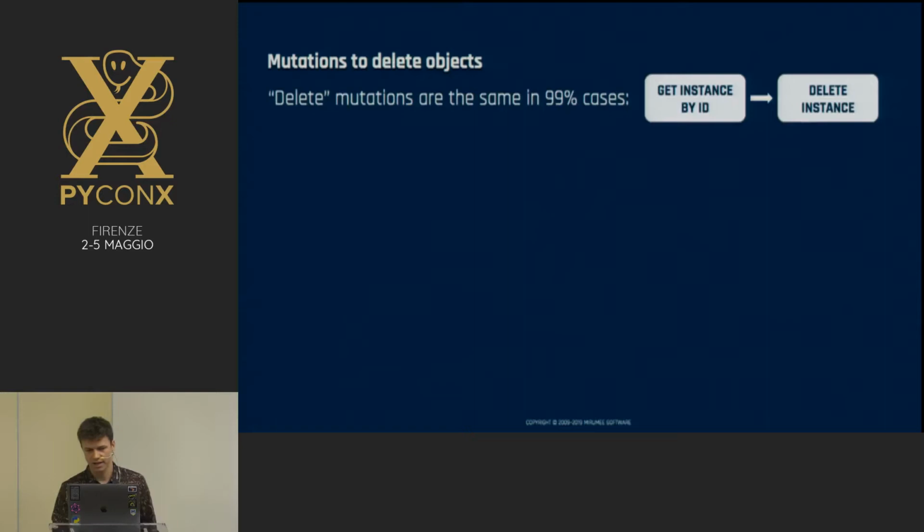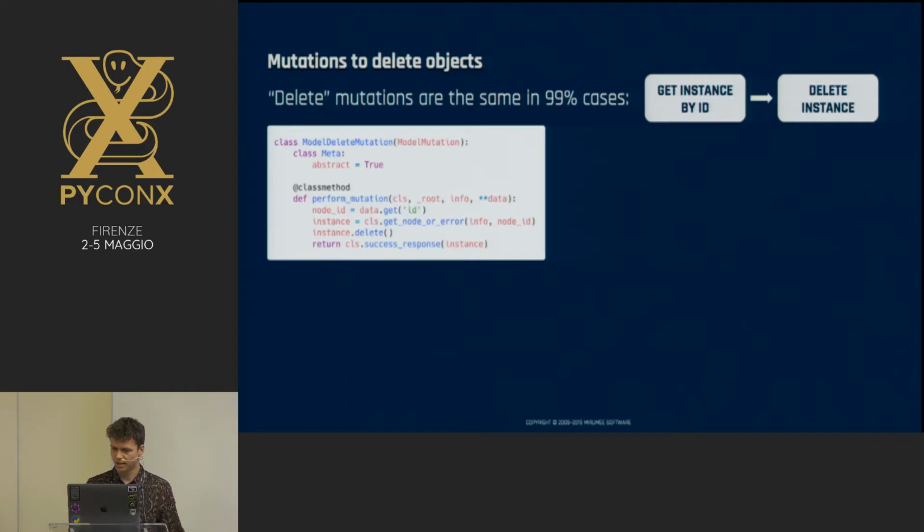The same case is for mutations that delete objects because they are very simple and they usually follow this simple pattern that first you want to get the instance and then delete it. So it's very easy to add similar abstraction for that. So it is called model delete mutation, and what it does, it finds the object by ID.